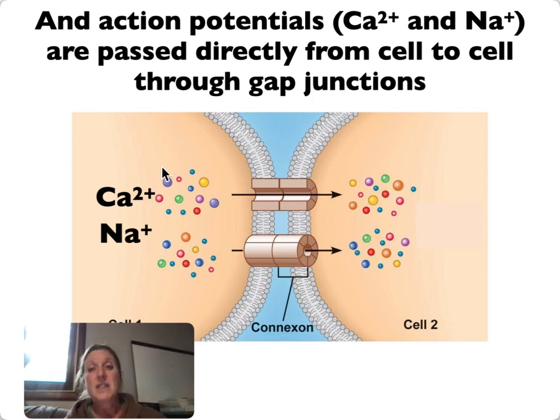When this cell is triggered to have an action potential, calcium and sodium come in, and at the same time that they're causing the changes here, they move to the next cell and start an action potential there. So it's sort of like a traveling action potential, local potential, action potential, but it happens so fast because they're connected. It's like one giant cell in a way.